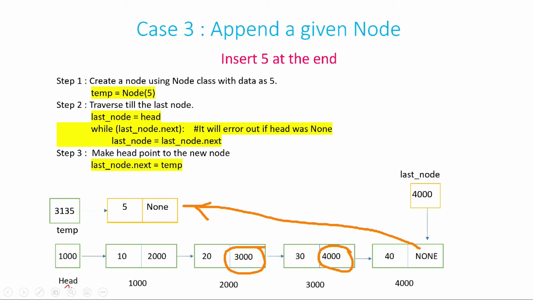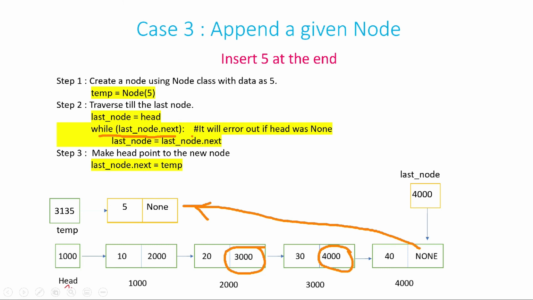There's one small thing that you need to note here. Here you are writing last node dot next. Now this will error out if last node itself is none. It means last node initially would be containing head. And if head is none, it means it's an empty linked list.